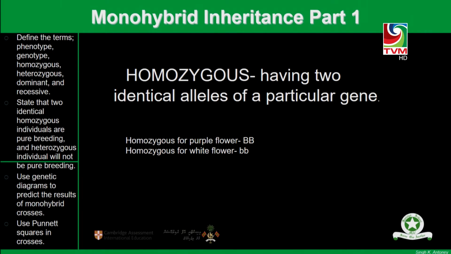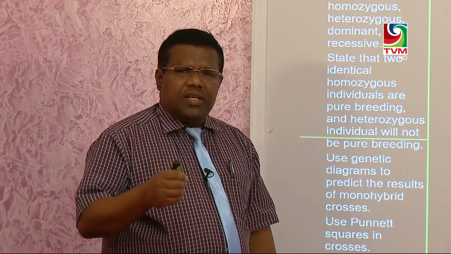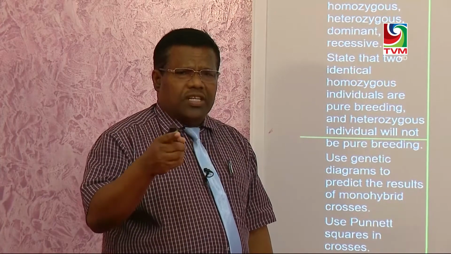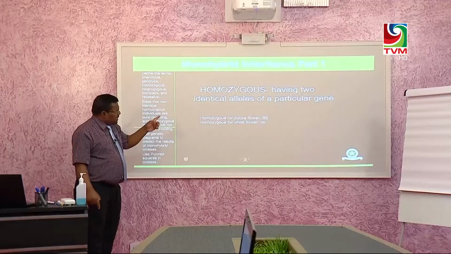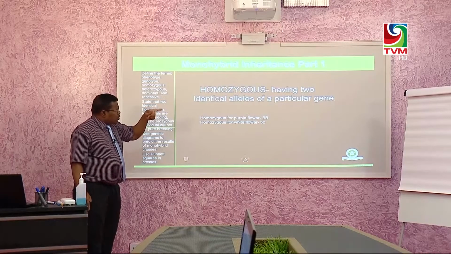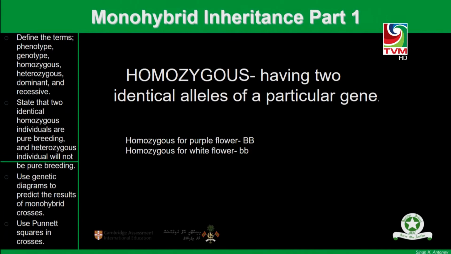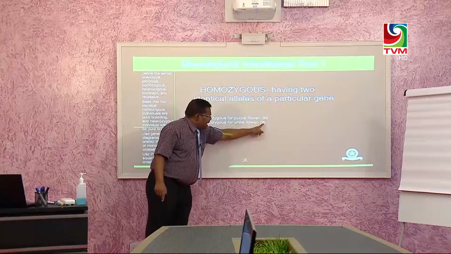We have seen that alleles are alternative forms, and it can have a dominant form as well as a recessive form. As we proceed, you will know it. So just remember that homozygous means having two identical alleles of a particular gene. These two are identical. These two are identical.